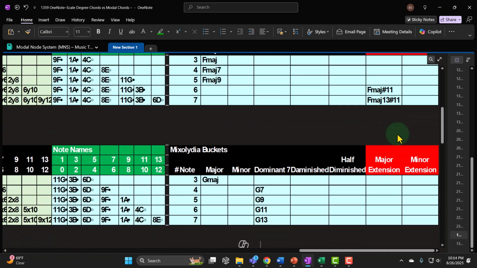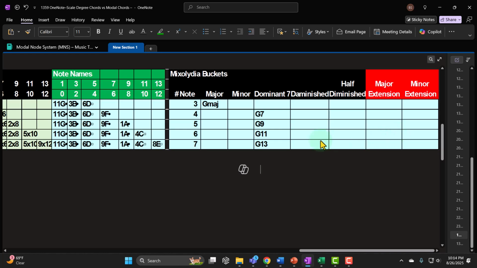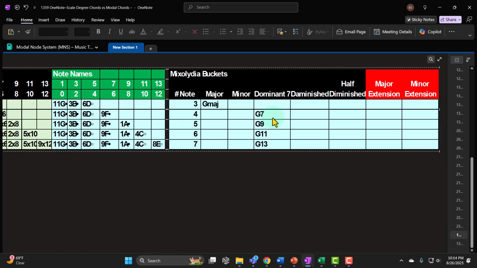And then the Mixolydian is the same for the major, same construction as the Ionian, but it gets out of whack on the 7, which is even sooner. So anytime you see this convention, you're thinking Mixolydian, because that's like a major chord that has a minor 7 in it, and the only mode that happens from is the Mixolydian, right?